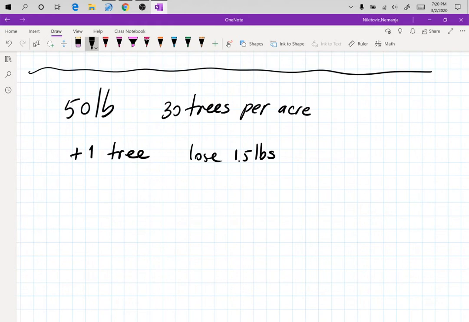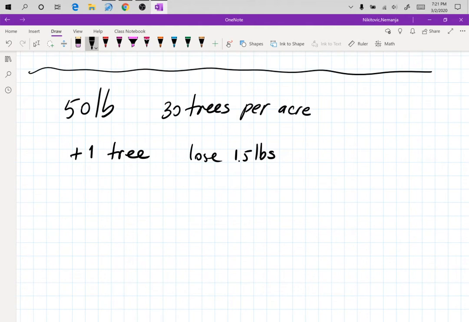Okay. What we have are trees and pounds per tree. So we want to calculate the loss. So how's that done? First we have the subtraction, right? Because the more trees you put in, the fewer pounds you get per tree.